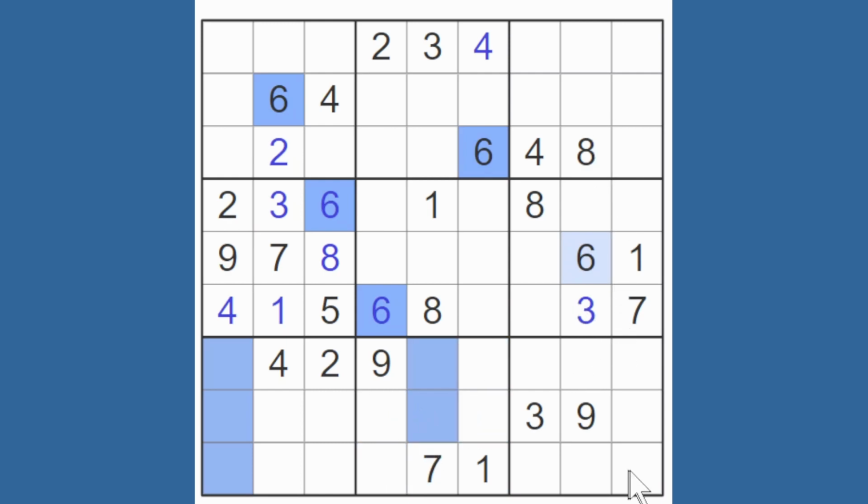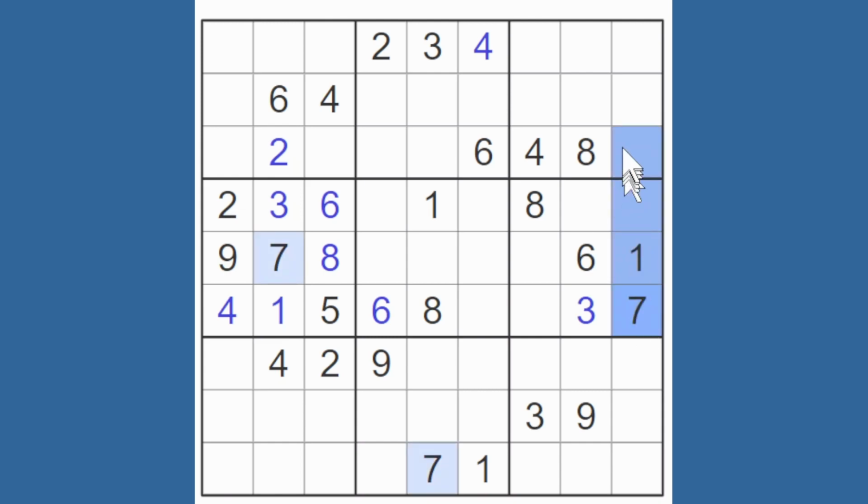And yes, no, I thought I spotted an X-wing kind of thing, but I didn't. By the way, the 1, 7 blocks here and the 1, 7 also block here, so something to be aware of, that 1 and 7 must be among those 3 squares here.